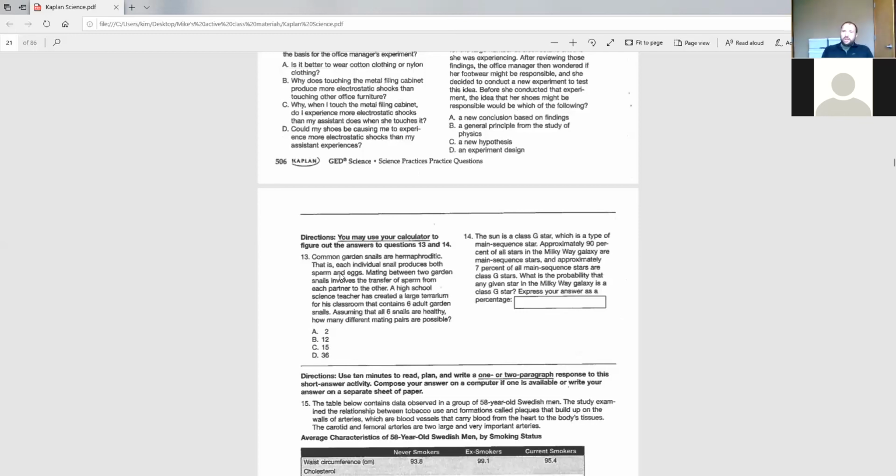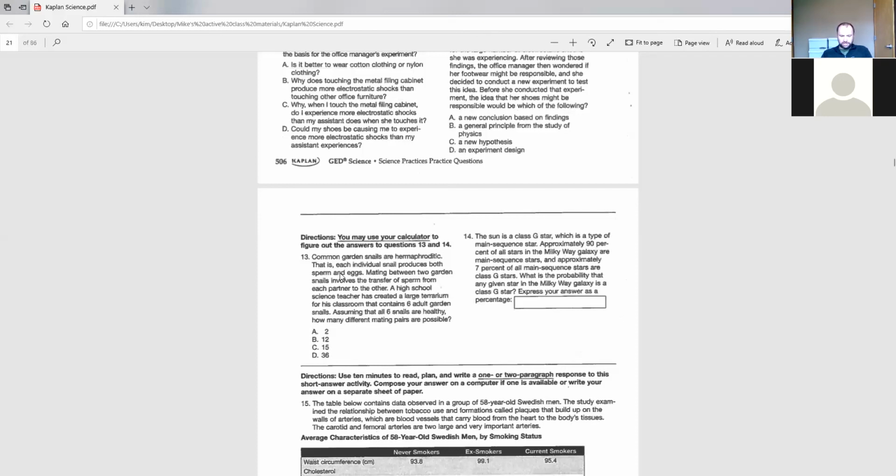And if we want to figure out the probability that the star is going to be a class G star, we have to multiply that 90% by the probability that that main sequence star is also a class G star. So we multiply 0.90 by 7%, which as a decimal is 0.07. Not 0.70, 0.70 would be 70%. 0.07.